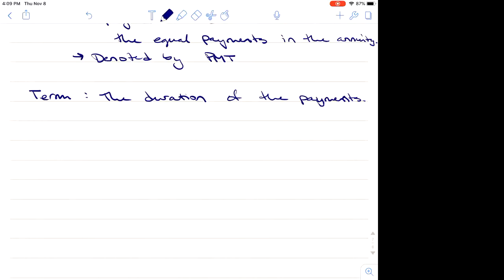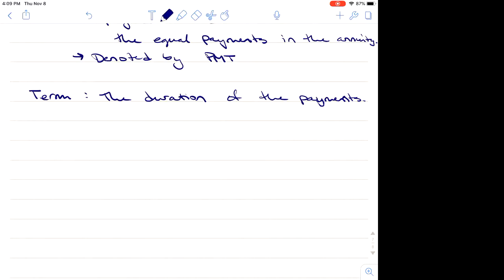One curveball for annuities is that N is now going to denote the number of payments that we're making. N has denoted the number of compoundings, but now N is going to denote the number of payments. But remember, we have to match our number of compoundings to the number of payments.